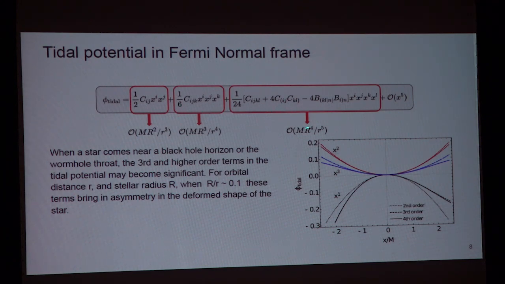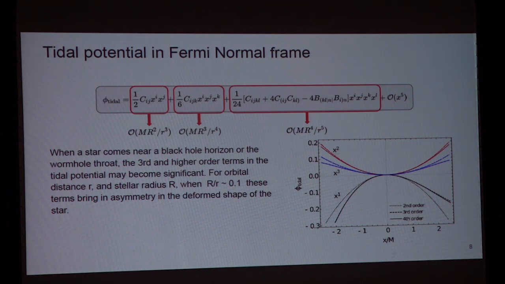So this is something that we had already seen, and I told you that when you do a very simple calculation, you see that the tidal field actually goes as 1 over r cubed, and so there will be an r to the power 4 term, r to the power 5 terms, etc., etc. And I'm sorry, this is actually the addition.